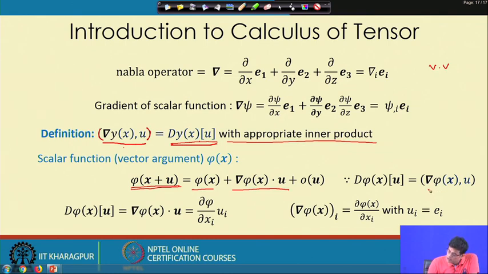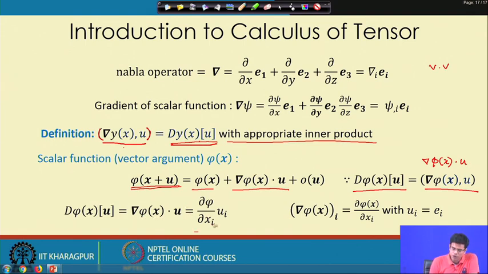So this del phi of x u is essentially the d phi of u, equal to the directional derivative. This quantity is essentially del phi of x dot u. So the inner product is defined.